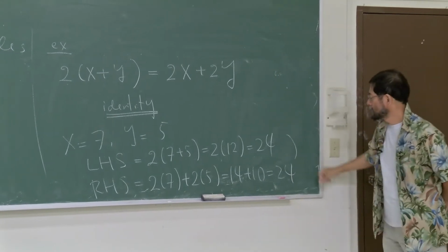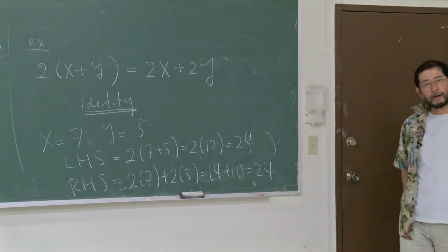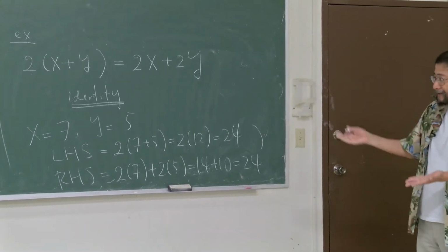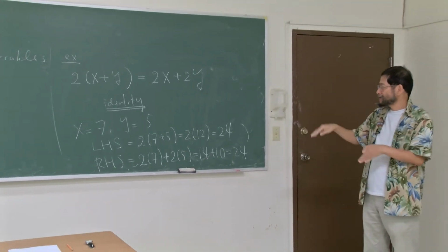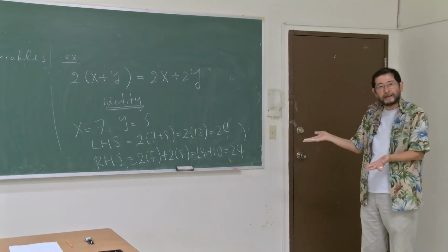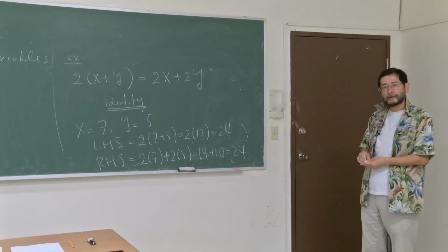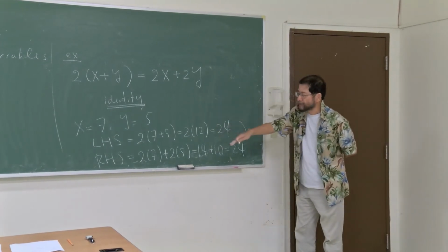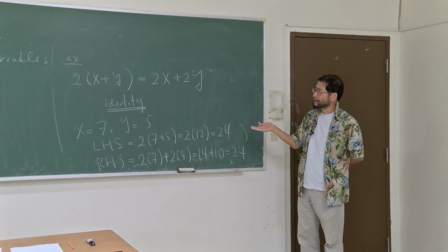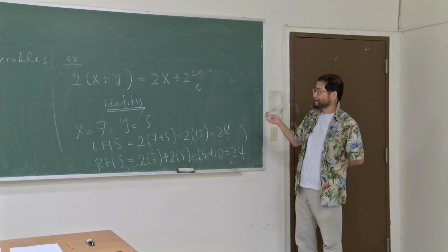Okay. So both are 24. Okay? But as I said, no matter how many times you substitute or check, it doesn't guarantee it works for other numbers. So that's why this is never going to be the proof. You're just checking.